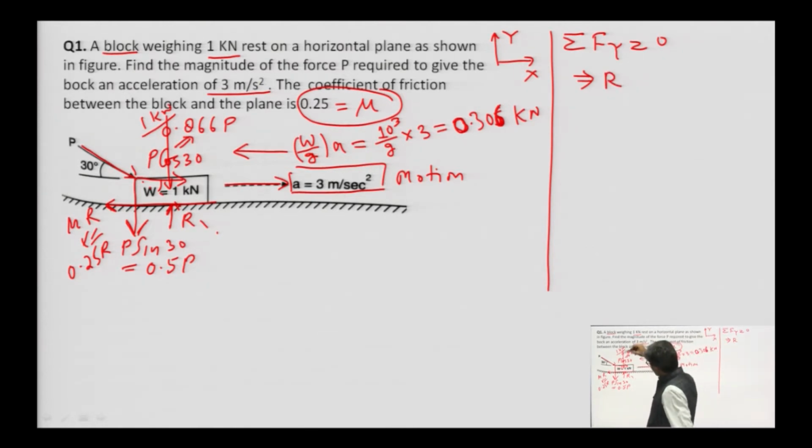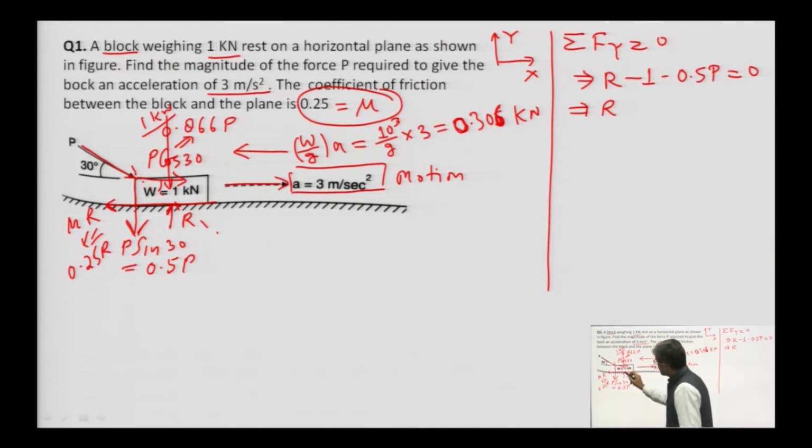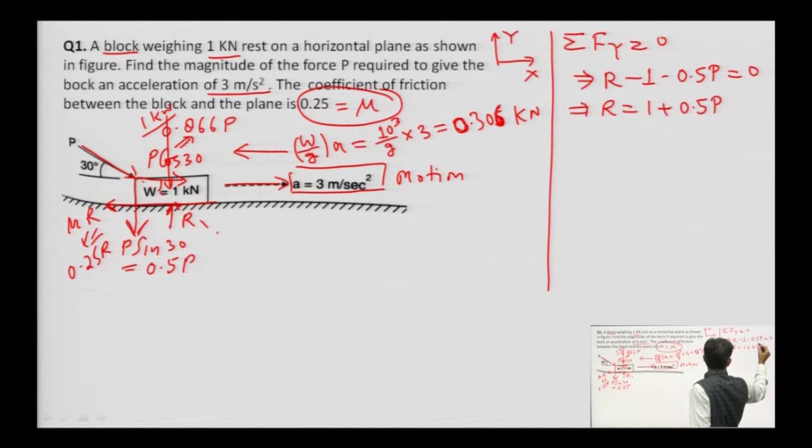R, and the weight component is minus 1, and the component of the force is minus 0.5 P, equal to 0. So, the normal reaction on the block is 1 plus 0.5 P.